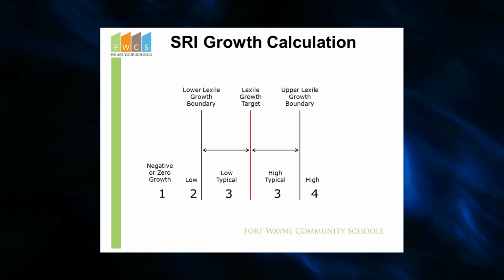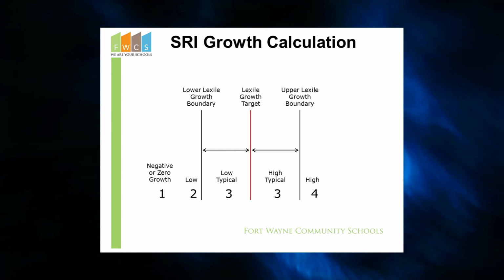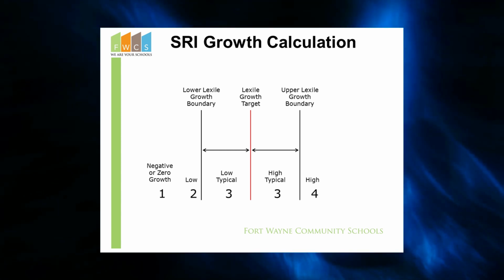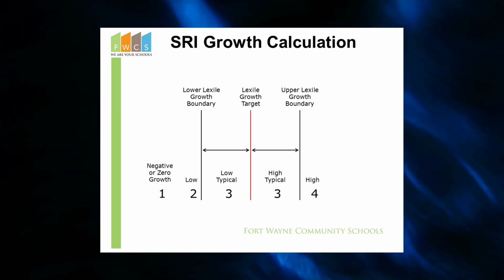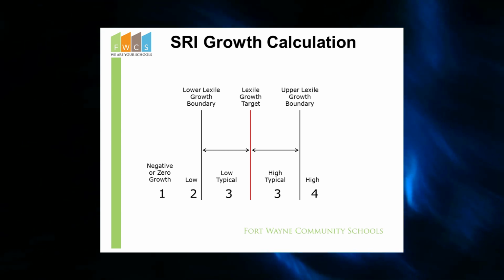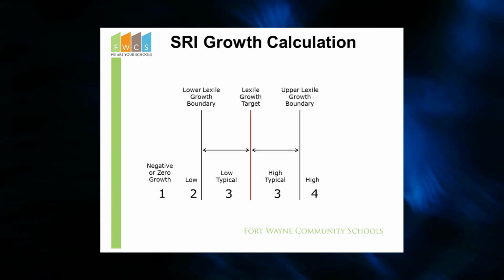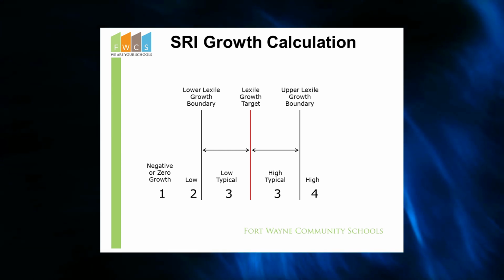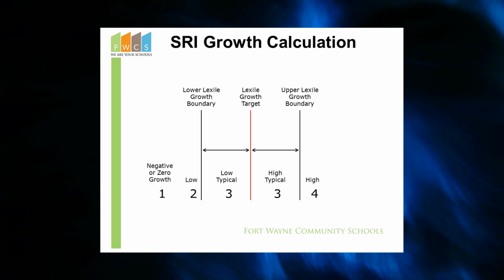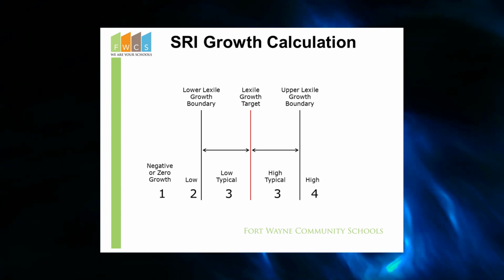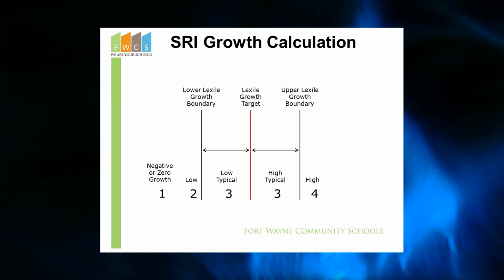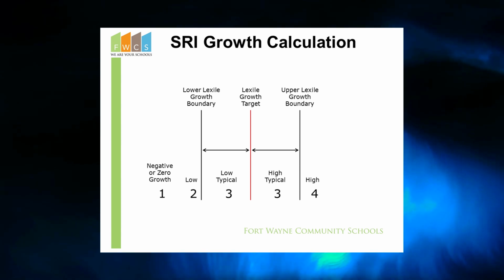Students whose growth is greater than the lower boundary of the Lexile growth target range, but less than the upper boundary, will receive a score of 3. Students whose growth is greater than 0 but less than the lower boundary of the Lexile growth target range will receive a score of 2. Finally, students with no or negative growth will receive a score of 1.